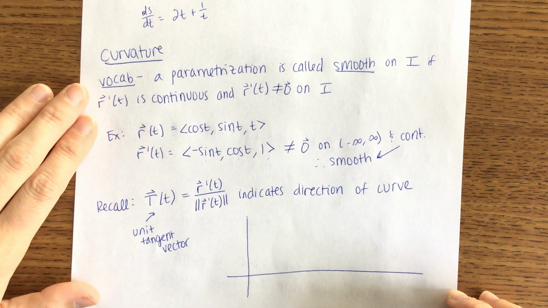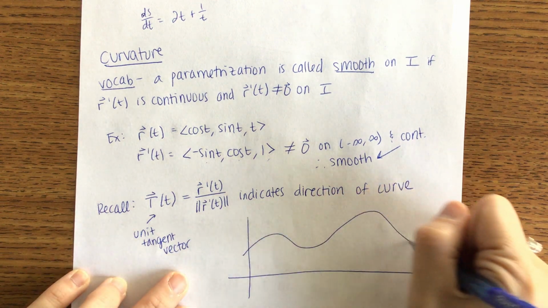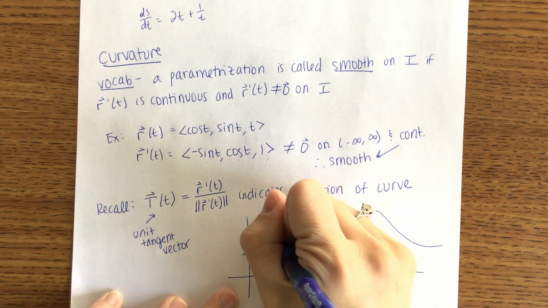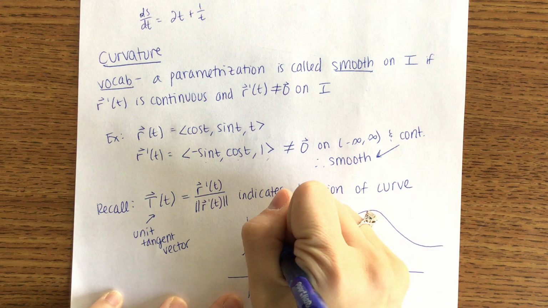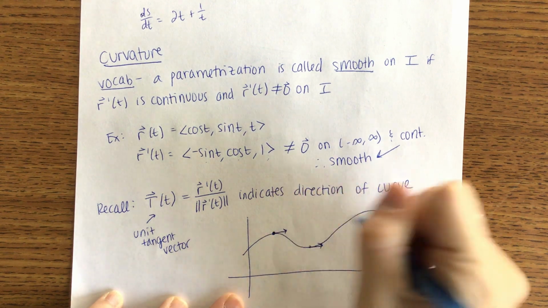So we're going to draw a picture so we can talk a little bit more about what that means. Let's say that you have some curve like that. If you pick a point, t is going to be something like that. It's going to be a vector that describes the direction.